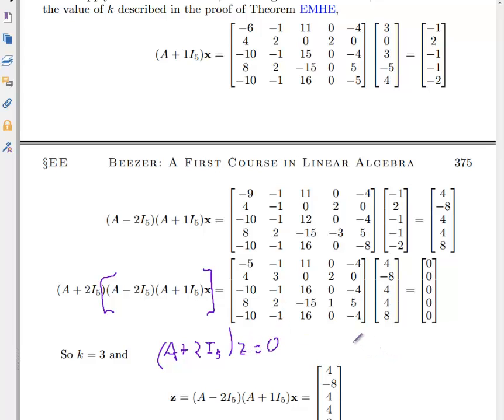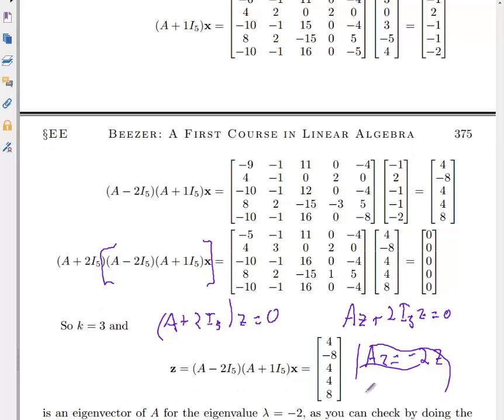And that means that if you rearrange this, that's the same as Az plus 2I5z equals 0, which is the same thing as saying Az is equal to minus 2z. Okay, because the I5z just gives me a z. Az equals minus 2z. We found an eigenvector with a particular eigenvalue.